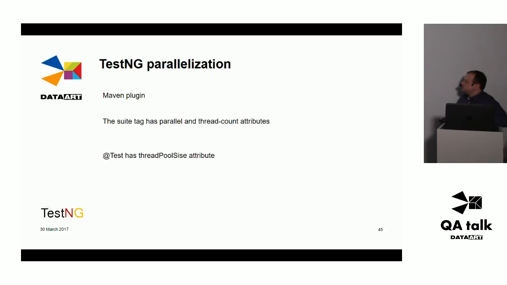For TestNG parallelization, you can use the parallel methods notion, and you can use this notion on the TestNG XML level, and you can use the thread pool size attribute in the test. So a few different variants.